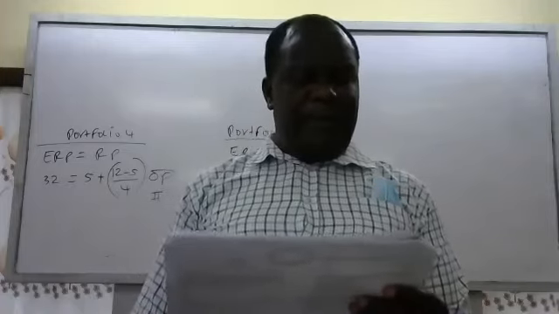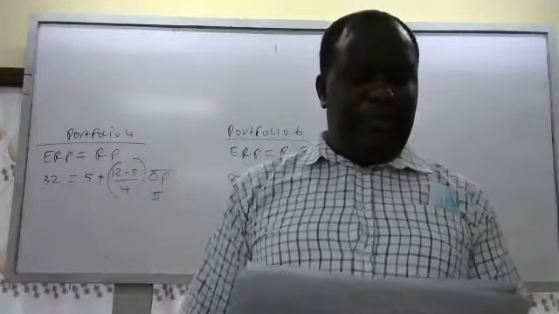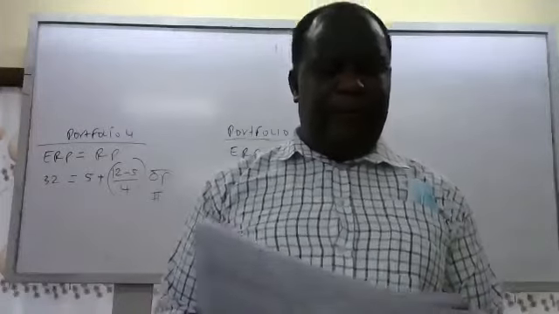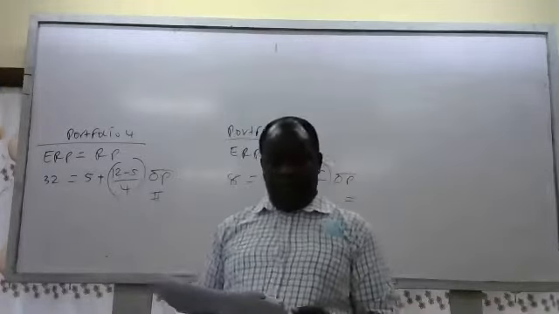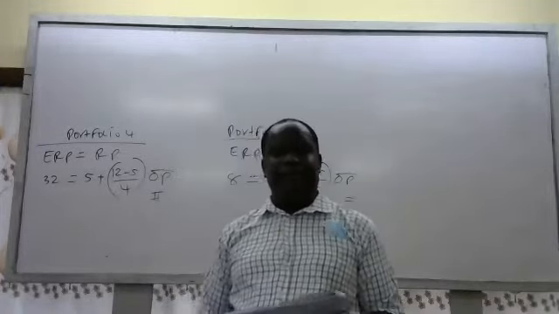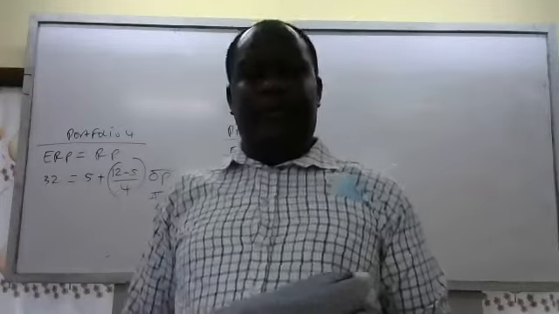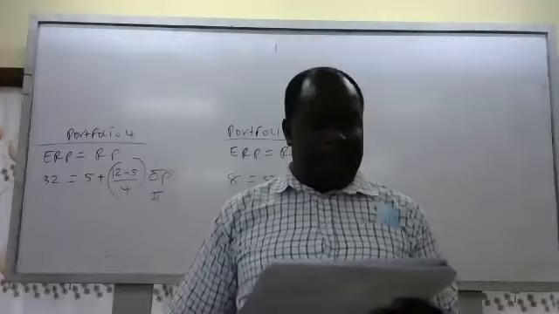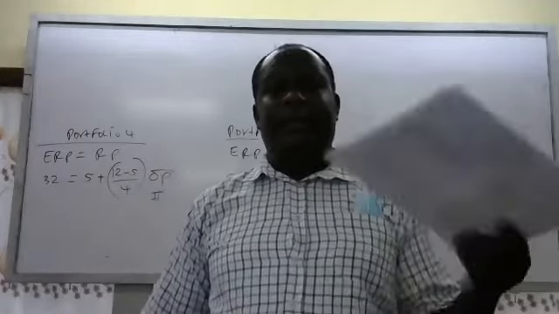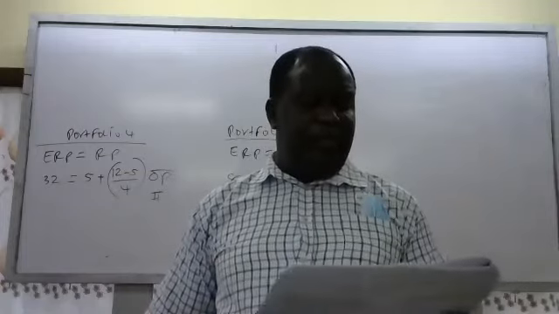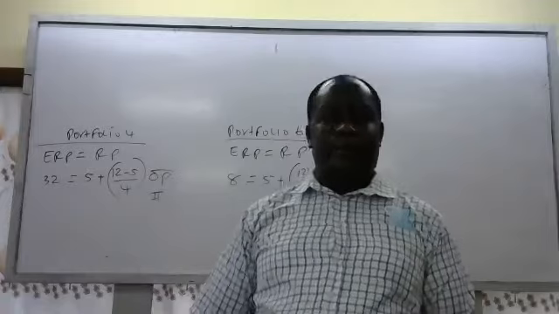The risk-free rate of return is 5%, and the probability distribution of the market portfolio return is given as follows. They also gave you the variance of the return of the market portfolio, which was given as 169%. So we require the standard deviation for the market. To get it, you simply get the square root of 169, which gives you 13.